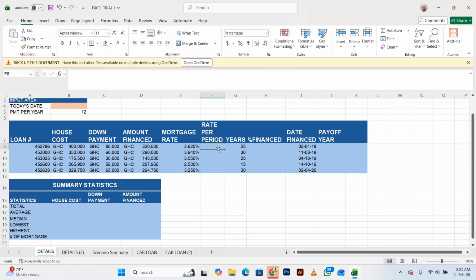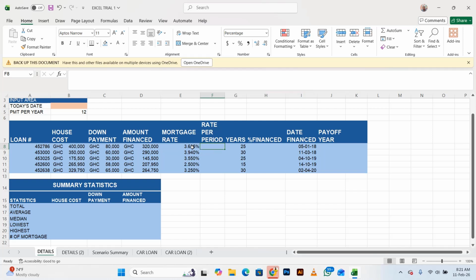Now, the rate per period. What does this mean? This mortgage rate is given per year. So all these rates are the rates that you pay per year. Now, the rate per period is based on the number of periods that you'll be paying.